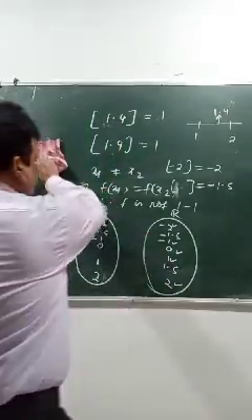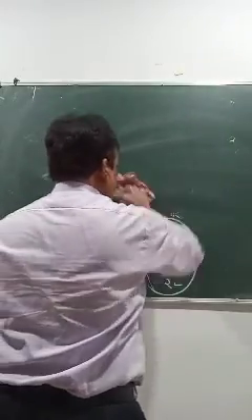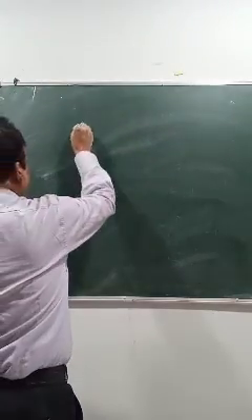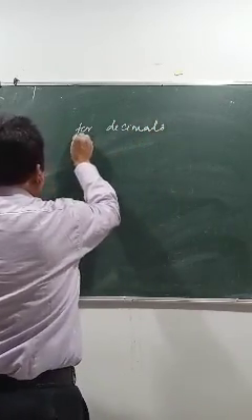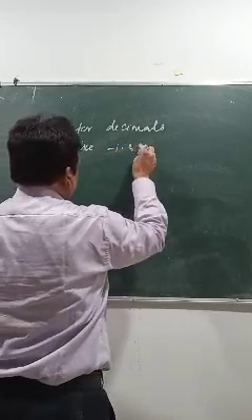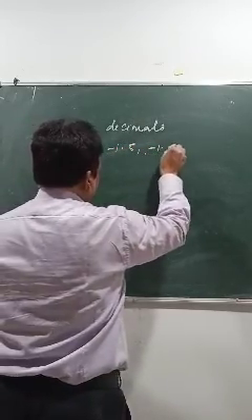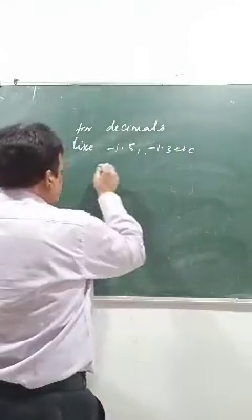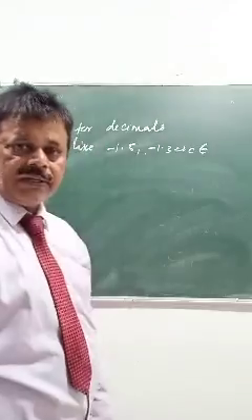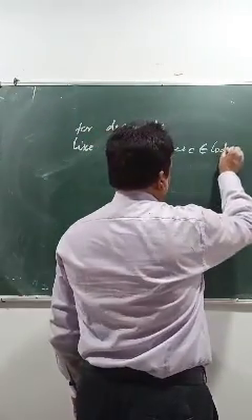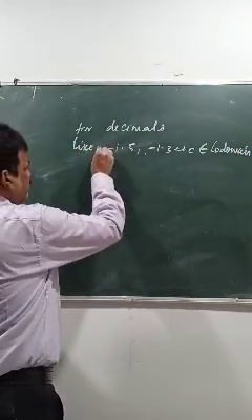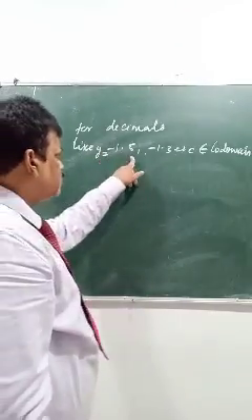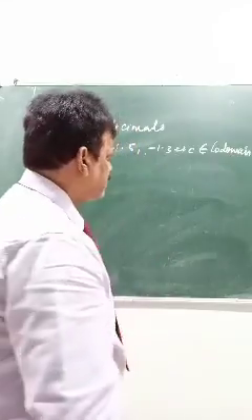So for decimals like -1.5, -1.3, etc., y equals -1.5, -1.3, etc. belongs to the codomain.